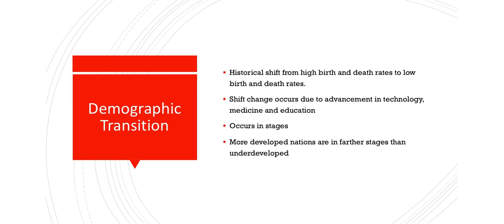But I do want you to keep in mind, this shift occurs due to advancement in technology, medicine, and education. So it's not something that happens overnight. It takes a lot of time. Some things that really helped the death rate fall were things like I already said, advancement in science and technology. How do we get rid of these diseases? How do we control hygiene?